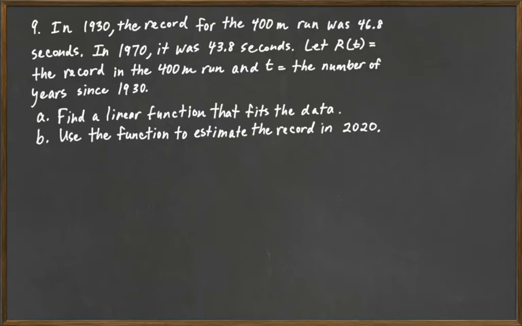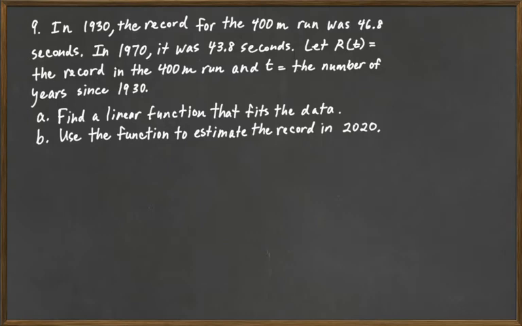So it says here in 1930, the record for the 400-meter run was 46.8 seconds. In 1970, it was 43.8 seconds. Let R of t equal the record, so R would stand for record, in the 400-meter run, and t equal the number of years since 1930.